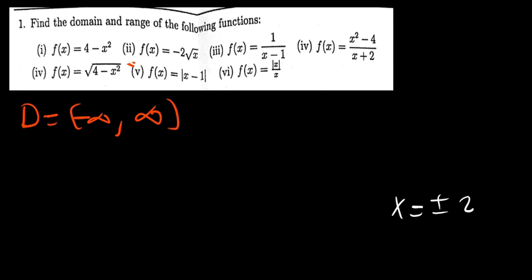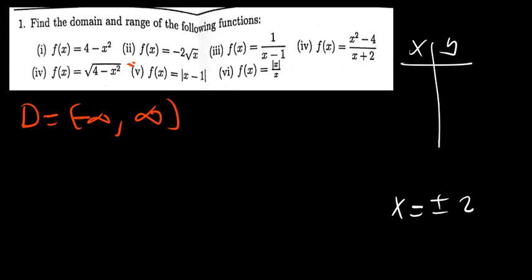Now to sketch this, remember we have x equal to plus or minus 2, meaning that I can make a simple coordinate table. This should start from x, y, and I have plus or minus 2.